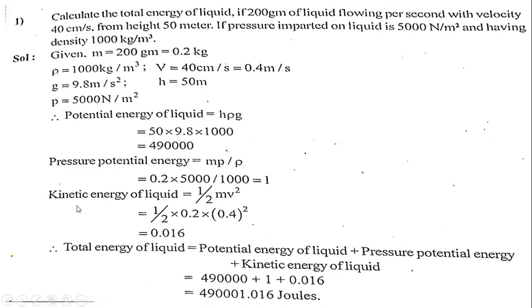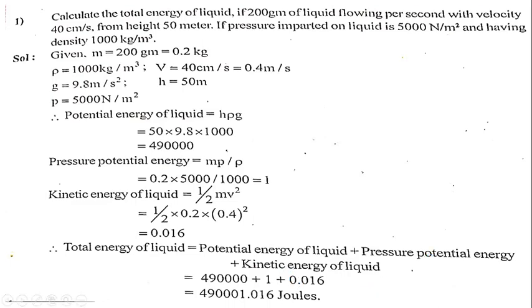Also here we calculate kinetic energy of liquid, that is equal to half m v square. So that is equal to half into 0.2 into 0.4 bracket square. After multiplication, kinetic energy of liquid equal to 0.016. Therefore total energy of liquid is given by potential energy plus pressure potential energy plus kinetic energy of liquid.